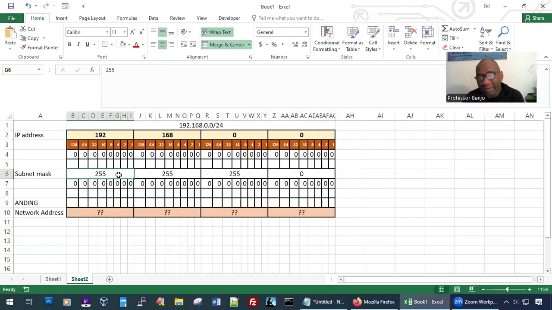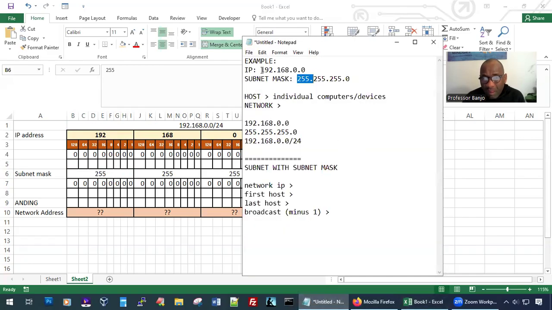You might have heard that every IP address range has four octets. 192.168.0.0. Each of these octets cannot exceed 256. 256 is the max, technically 255, but how do we get 256 to 255?